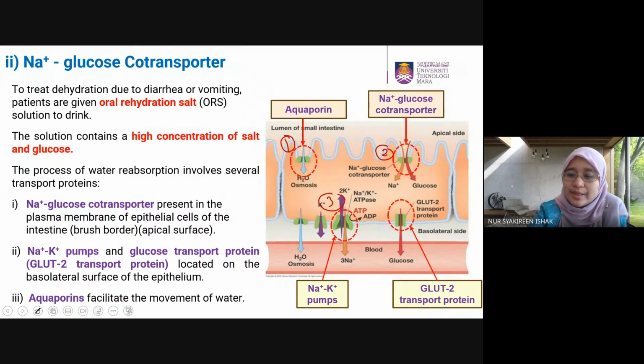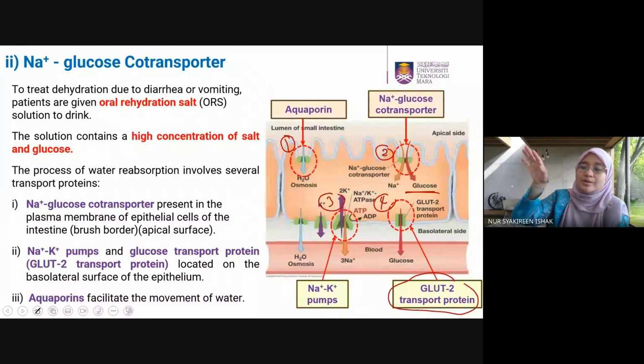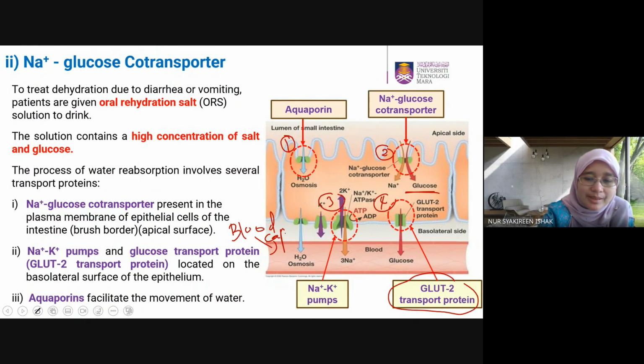Okay. So yang keempat, tadi glucose dah bawa masuk dalam sel kan? So you have the glucose transport protein. Okay, the name is GLUT2 transport protein. It will transport the glucose in the epithelial cell into your blood. Okay, so this is your blood capillaries containing your blood.